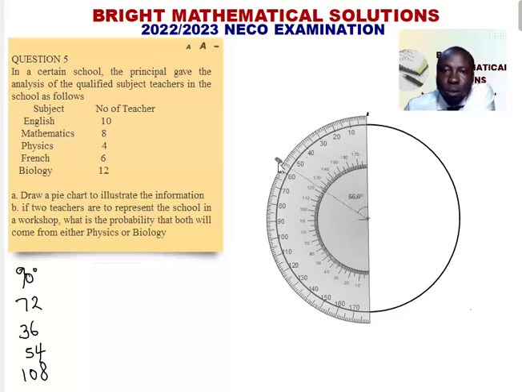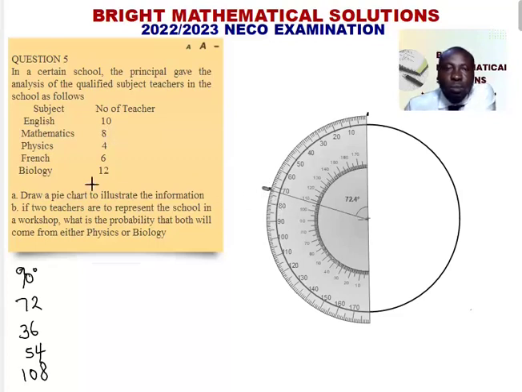So I'm measuring. Let me say this is my 72 degrees. To save our time, please ensure you are very concise and you are accurate.